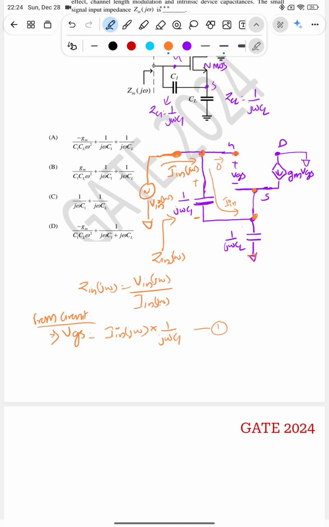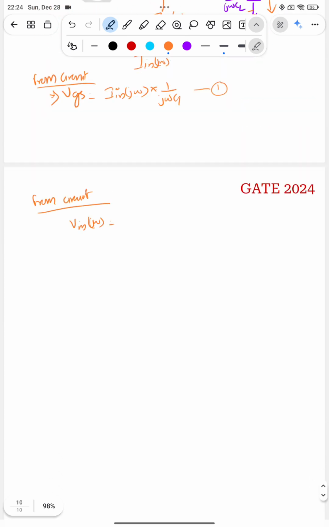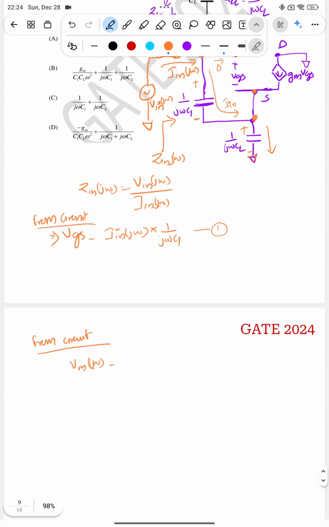Definitely there will be a current flowing like this, so there will be a voltage drop like this. So the voltage across C1 plus the voltage across CL will be V in. So from the circuit, V in of j omega will be equal to the voltage across C1, VC1, plus the voltage across CL.